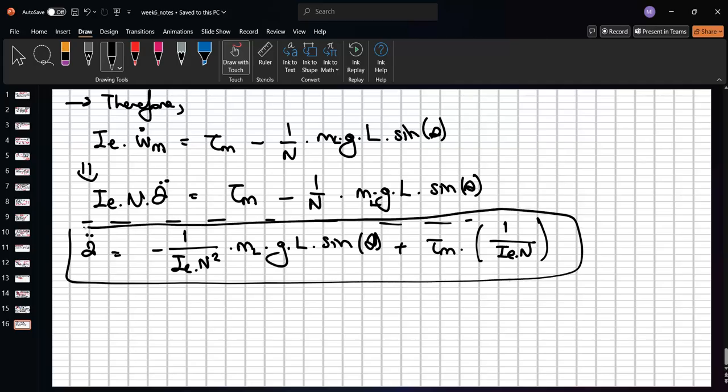This is our dynamics for a given torque value in this robot system. If we give some torque, we can directly calculate the arm position, the arm angle.